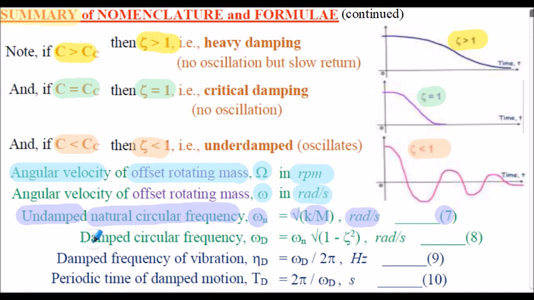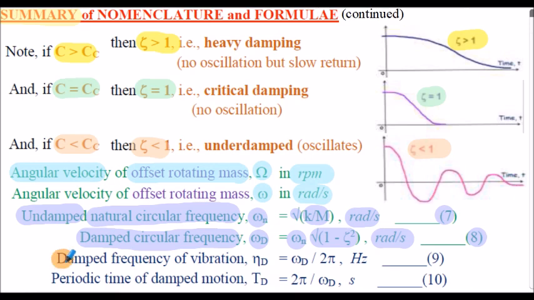And we have the damped circular frequency, that's omega d, and that's calculated from the equation omega n multiplied by the square root of 1 minus zeta squared. Again, the unit is radians per second. It's equation 8. There are some other terms that we sometimes refer to within this work.